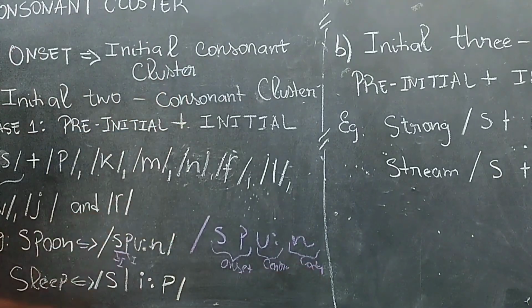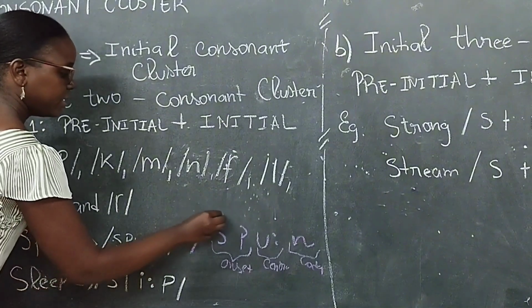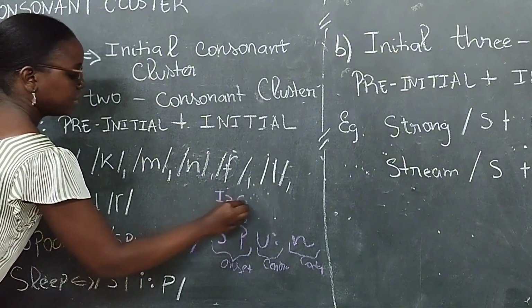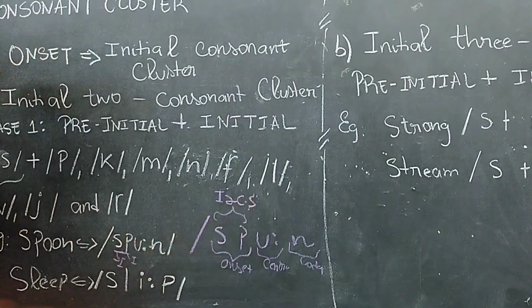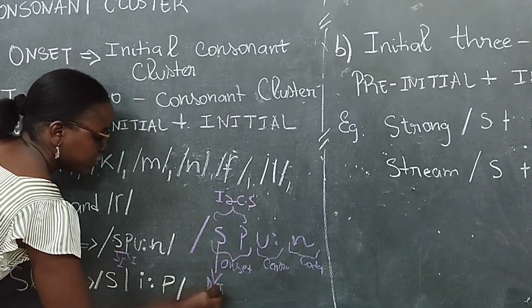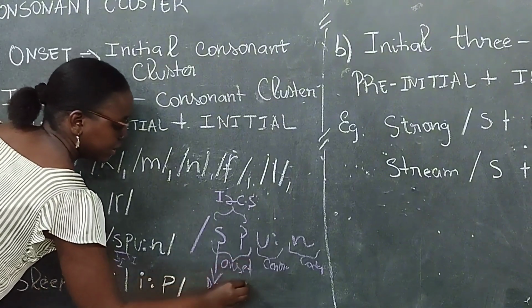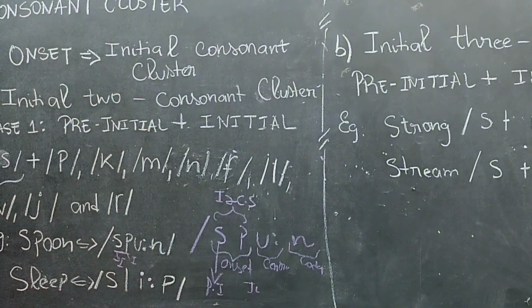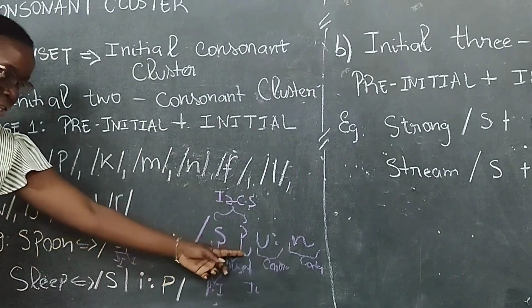So in this onset, we have initial two consonant clusters, where we have a pre-initial and an initial consonant. Okay, pre-initial, initial. Why?